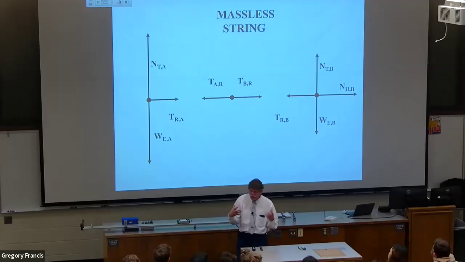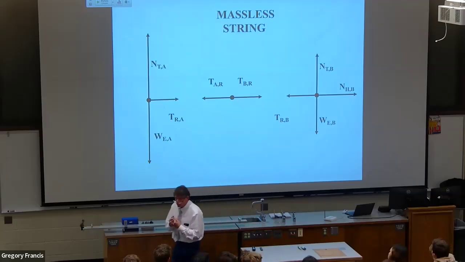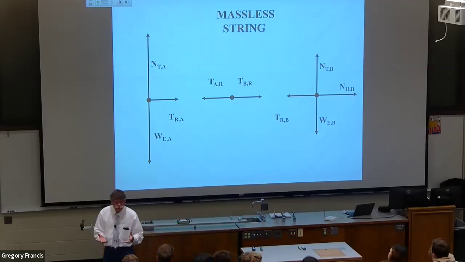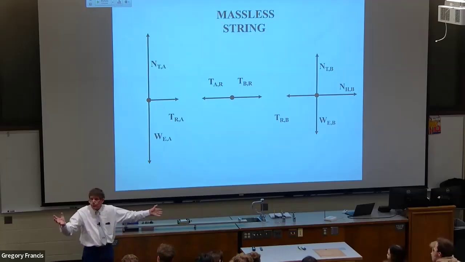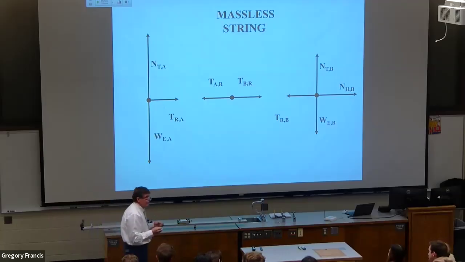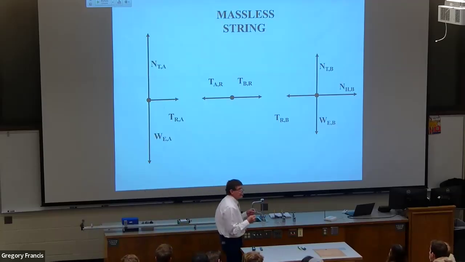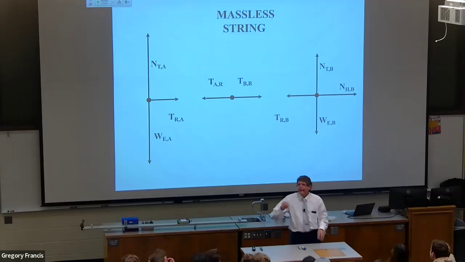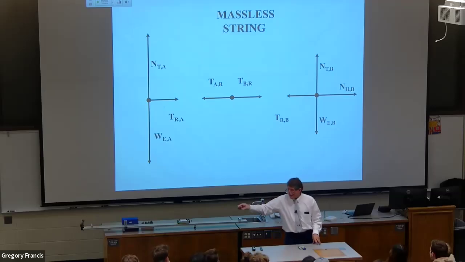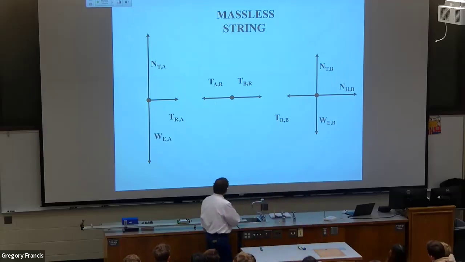Now, in the past, I have encouraged you, implored you to start every problem with a free body diagram of everything in the problem. But now I'm going to change that. Now I'm going to encourage you to draw a free body diagram of everything in the problem that has mass. Never again draw a free body diagram for a massless string.